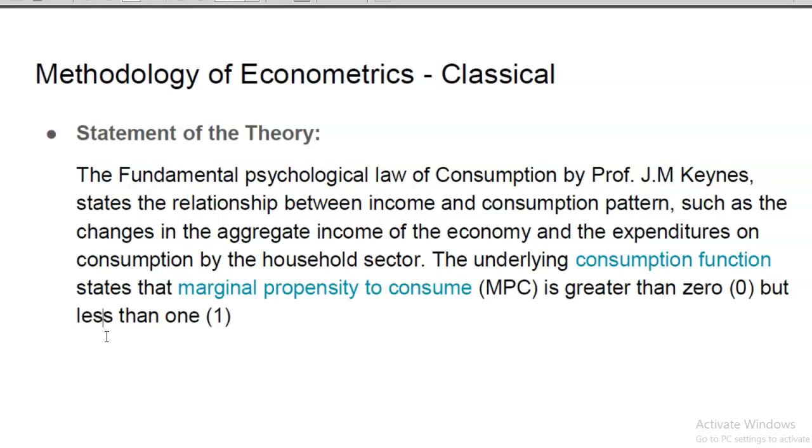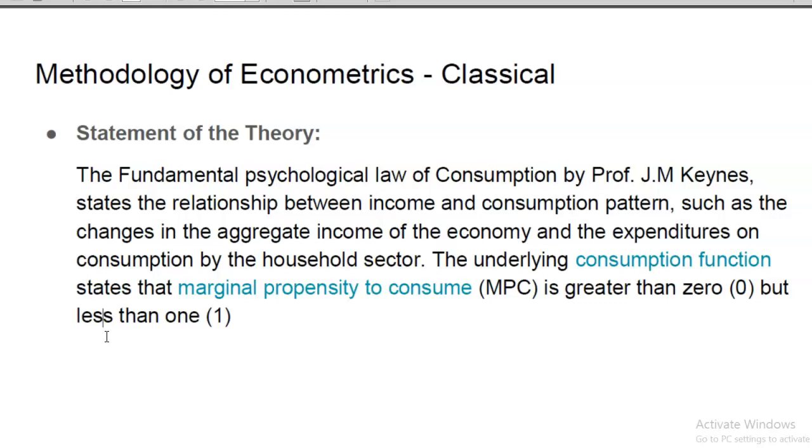So it is greater than or equal to 0 but less than or equal to 1. That is the value of the marginal propensity to consume. What does this signify? That either the consumption expenditure is equal to 0, that is, even when there is an increase in the income, the consumption expenditure is not changing.